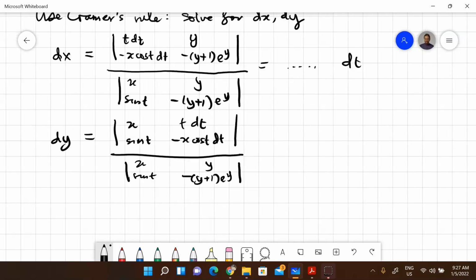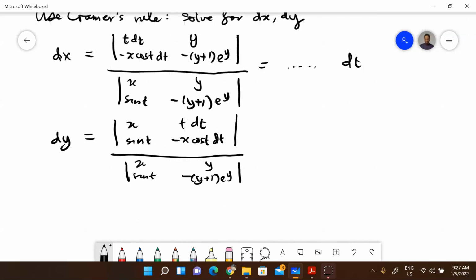Let me just write it down over here. So we'll have again some expression in terms of dt. So your z equals x minus y, so that will give you dz equals dx minus dy.